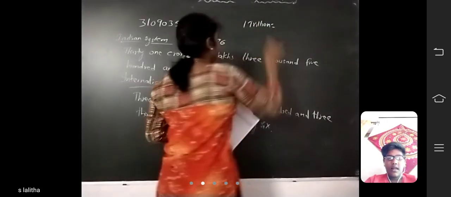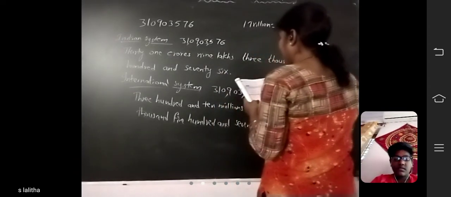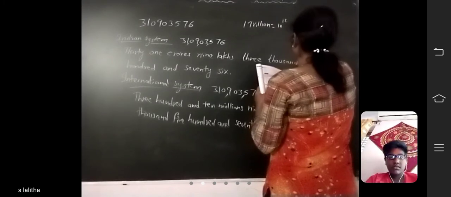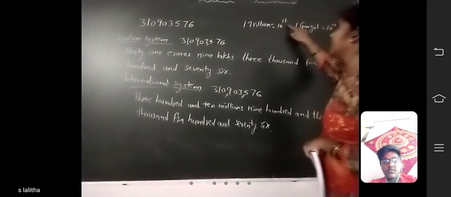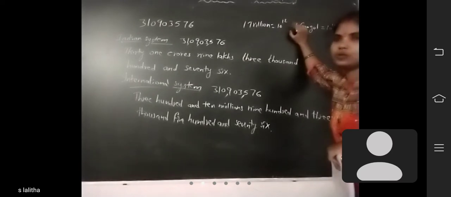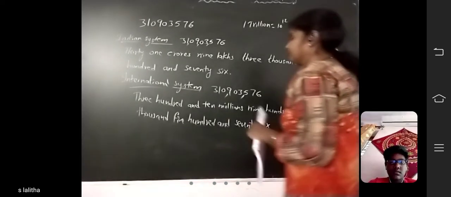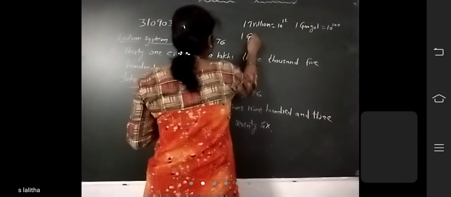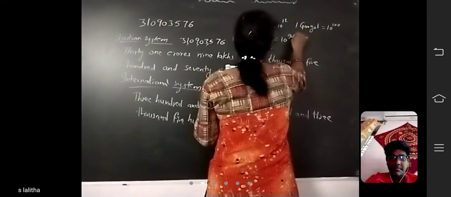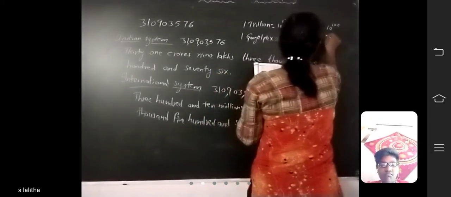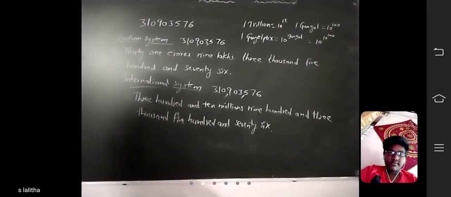What is called 1 trillion, children? 1 trillion is equal to 10 power 12, which means you have to write 12 zeros. 1 googol is equal to 10 power 100, so you can write 100 zeros. 1 googolplex is equal to 10 power googol, equal to 10 power 100. Did you understand, ma'am?